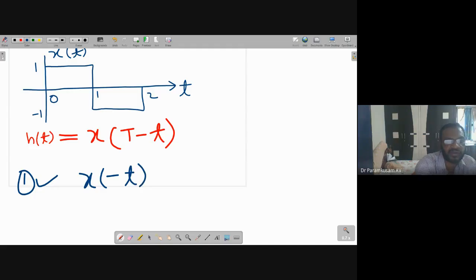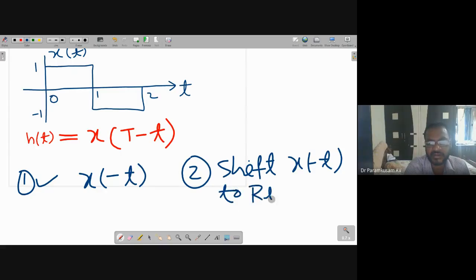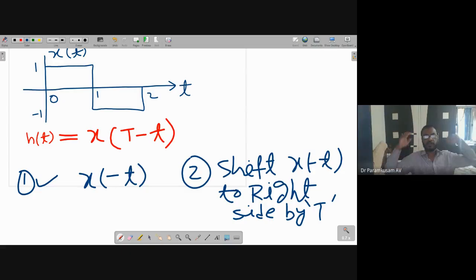The second step is then shift x of minus t to the right side by capital T. You note down the procedure to obtain x of capital T minus t.